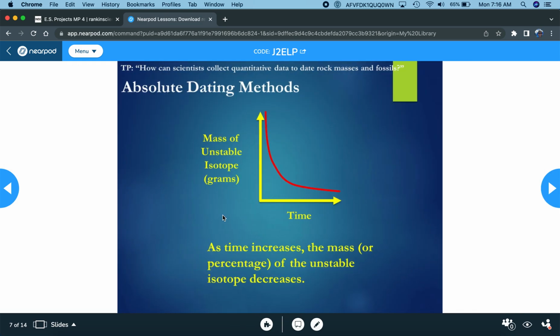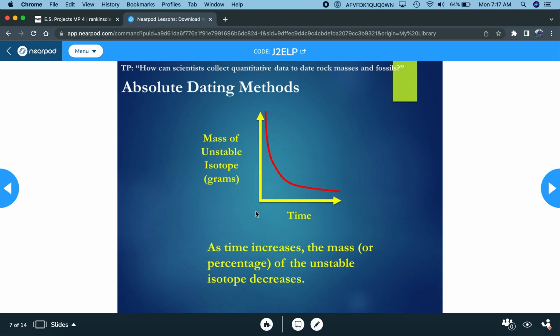Okay, absolute dating methods, right? So let's get this down, please. As time increases, the mass or percentage of the unstable isotope decreases, all right? So if you look at your graph, we see that time is on the x-axis and the mass of the unstable isotope in grams, or it could be in percent remaining, is along your y-axis, which is your dependent variable.